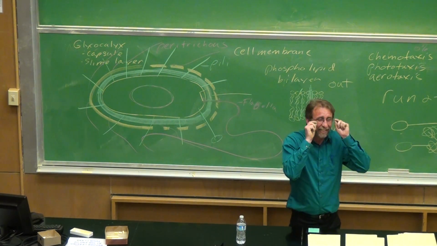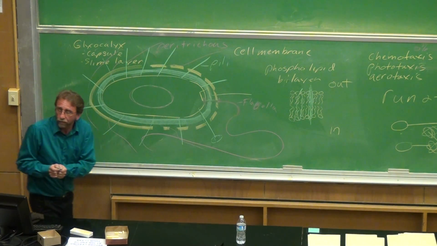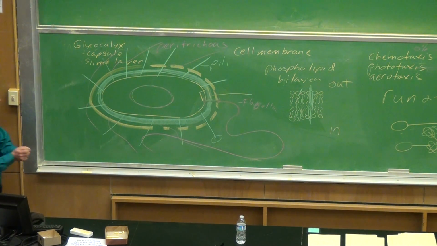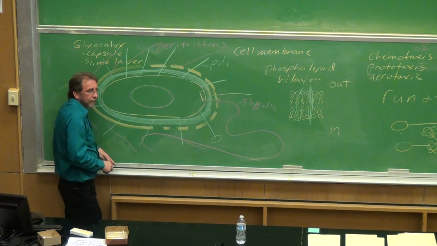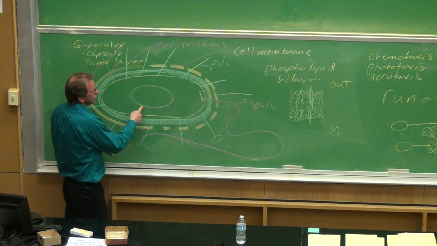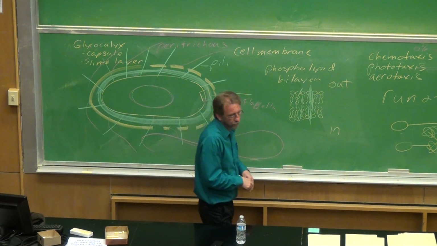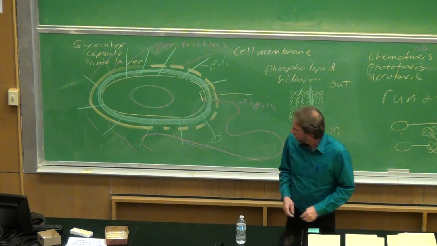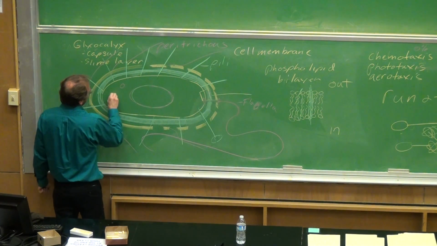But the point is that it's not a nucleus because it's not bound by a membrane. And that's one of the distinguishing characteristics between prokaryotes and eukaryotes. And it's a singular genome, a double-stranded circular DNA molecule.